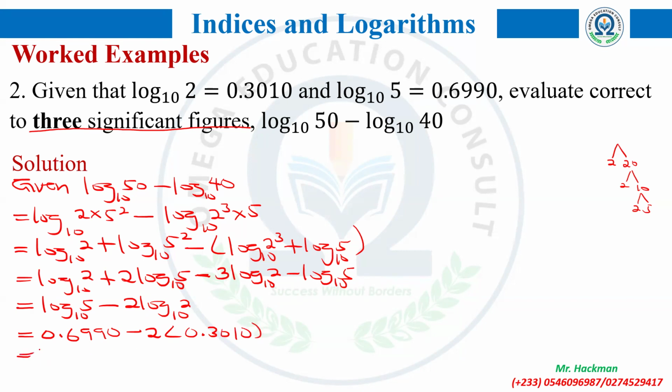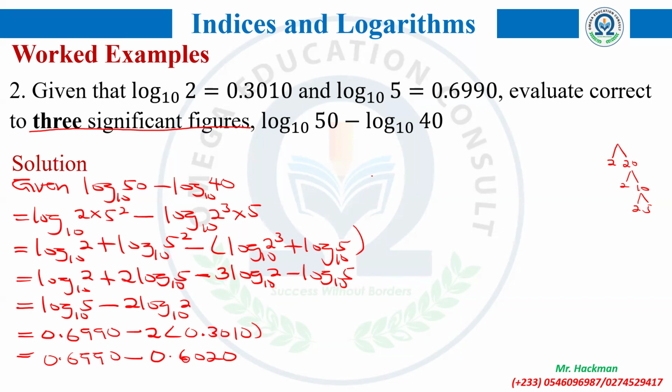So this will give us 0.6990 minus, multiply this. I'm waiting. Hello, I'm waiting. 0.6020. You had what? 0.6020. All right.